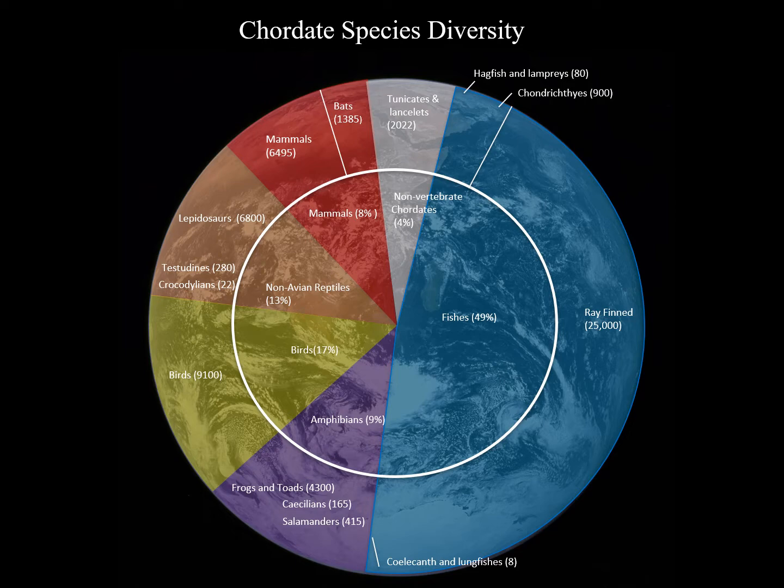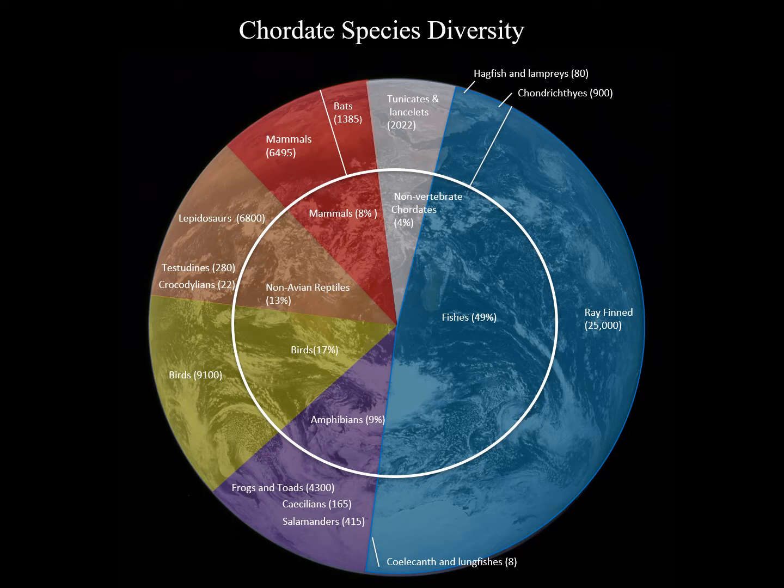So on the inner circle, I've written the lineage, such as fish, and in parentheses it's the percent of species that fish comprise. And then on the outer circle, there are several different types of fish listed, major lineages of fish, and in parentheses in this outer circle you can find the actual number of species.